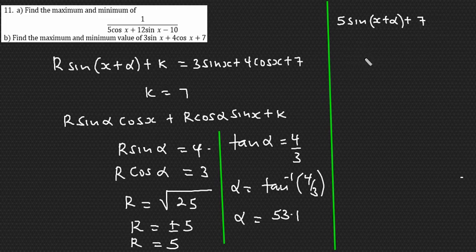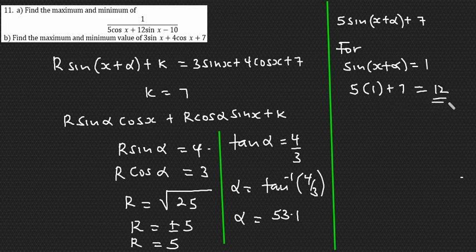Now sine ranges from negative 1 to 1, so we shall begin with 1. For sine of an angle x plus alpha to be equal to 1, we shall be having 5 times 1 plus 7, which gives us a 12. That is one value.